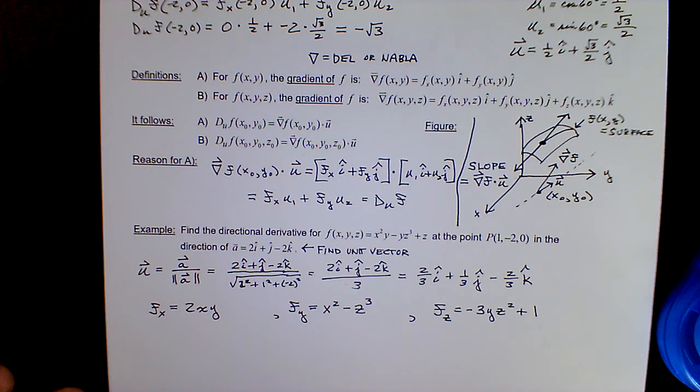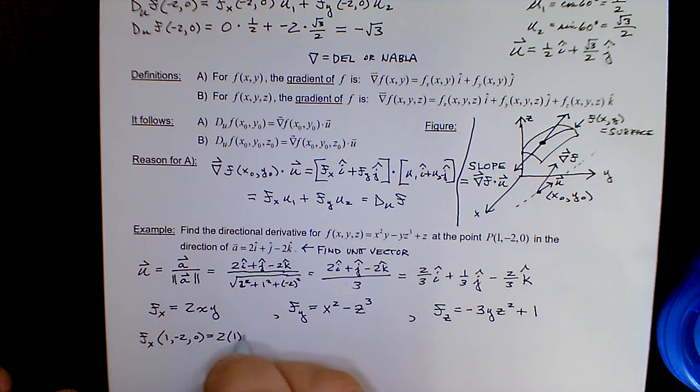Okay, so then we evaluate those derivatives at the given point. So f sub x at the point 1, negative 2, 0 is 2 times 1 times negative 2, which is negative 4.